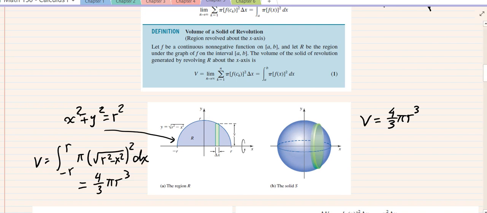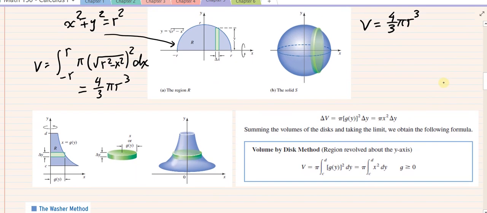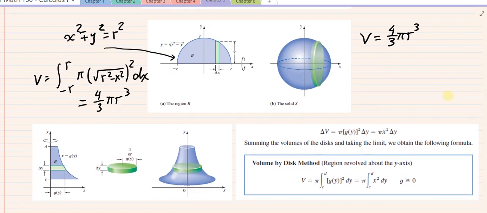Okay, now let's take a look at another way to revolve this region. This time we're going to revolve it about the y-axis. So the rotation is taking place with respect to the y-axis. And in such an instance, we need to have x expressed as a function of y. And we're going to use horizontal rectangles here, or really horizontal disks they become once you revolve them.